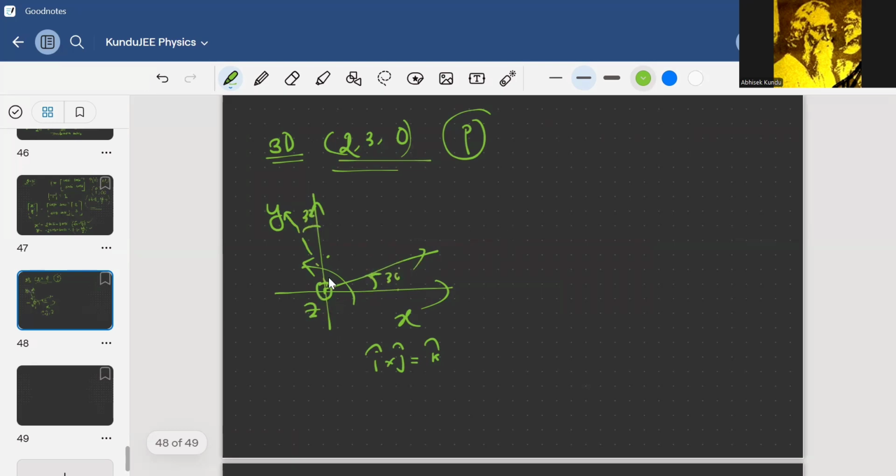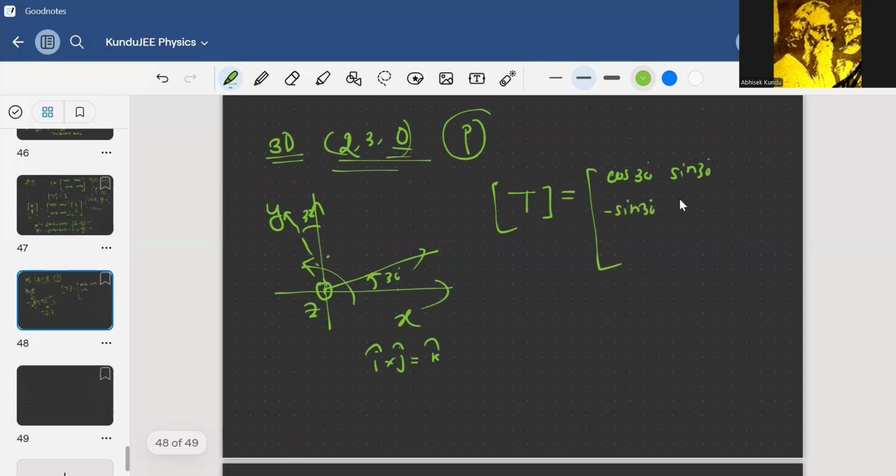Is there any change in the z coordinate due to this rotation? If you rotate the entire coordinate system with respect to the z-axis, is there any change in the z coordinate? No. So the transformation matrix should be the same, but right now it will be 3 cross 3.